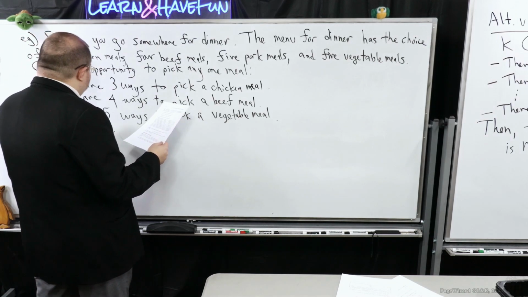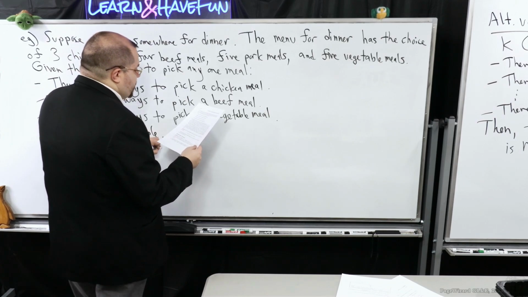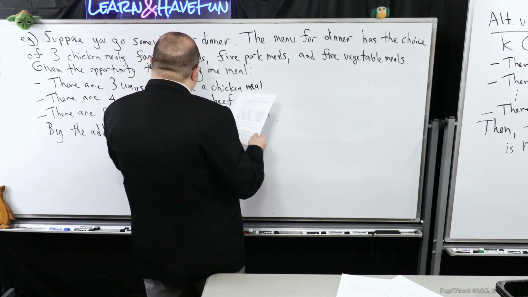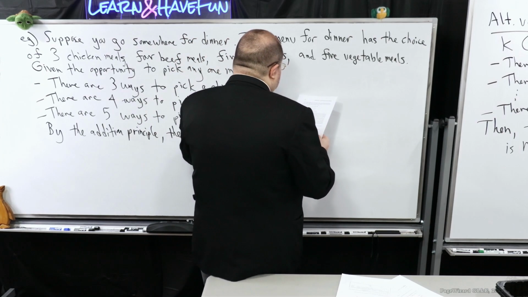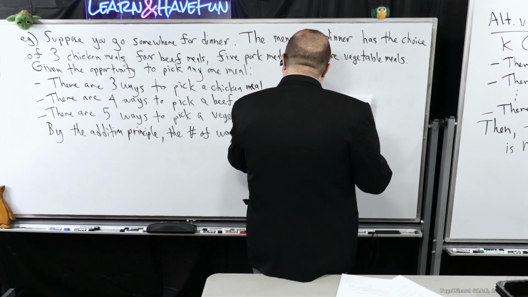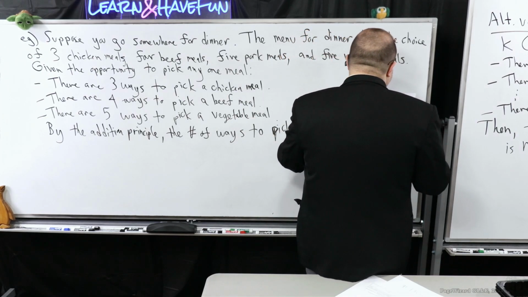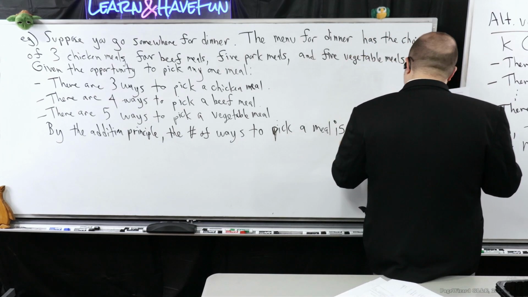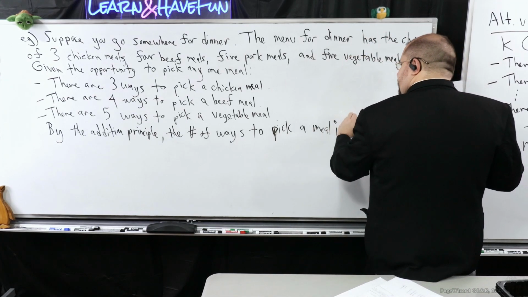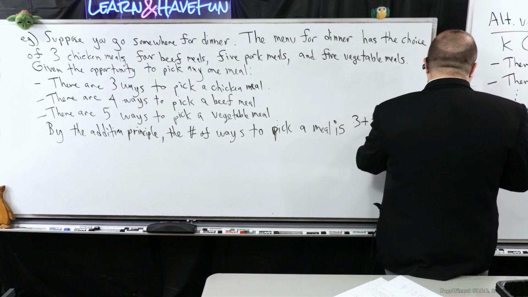By the addition principle, the number of ways to pick a meal is as follows. It is 3 for the chicken meal, right? 4 for the beef meal.